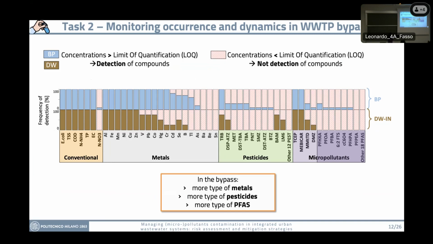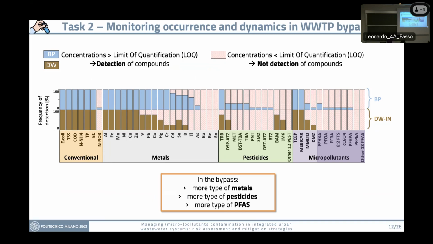And the other red ones are not detected compounds. So you see that in the bypass we have more metals detected and also more pesticides, and some PFAS are also detected in the bypass. So this is just a first screening of the monitoring.